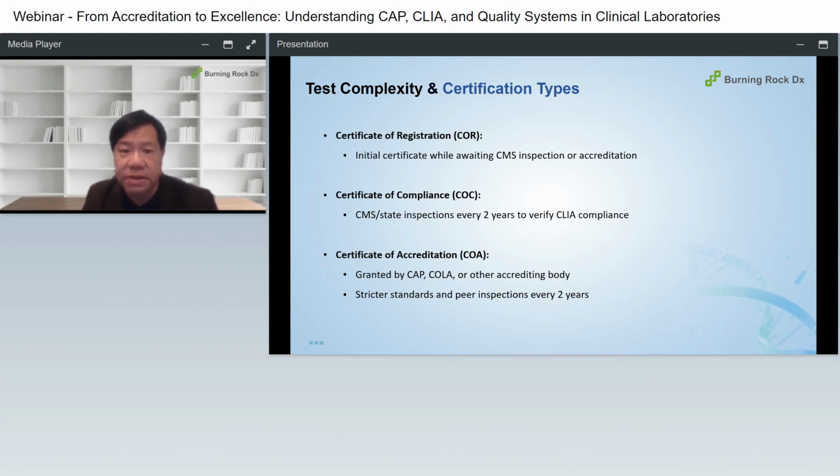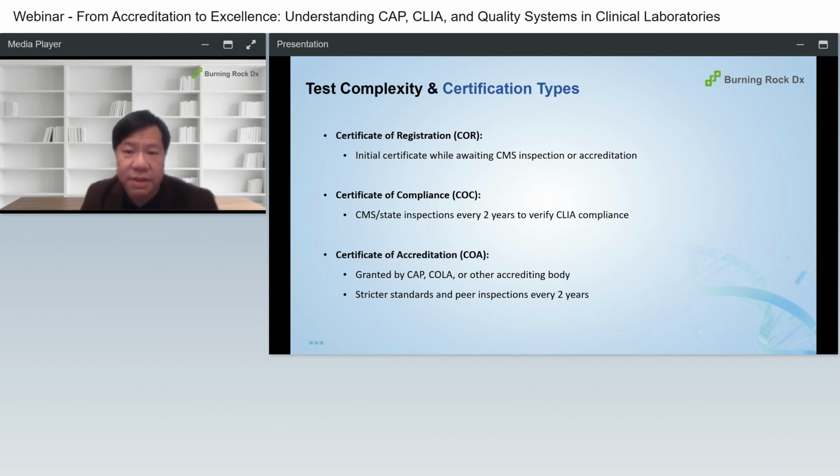For certificates, there are different certificate types. Typically, once the application is made for a CLIA license, the lab awaits the state or CMS inspection. After passing the initial paper review, the lab would receive a COR, which stands for Certificate of Registration.